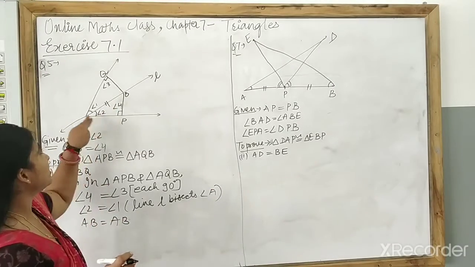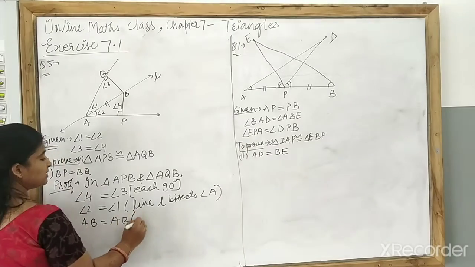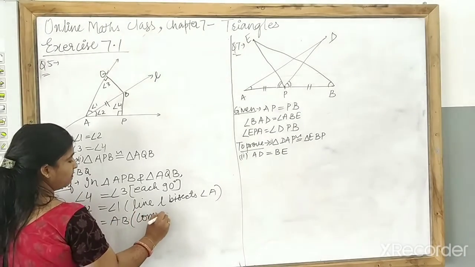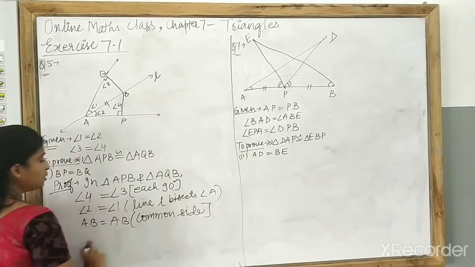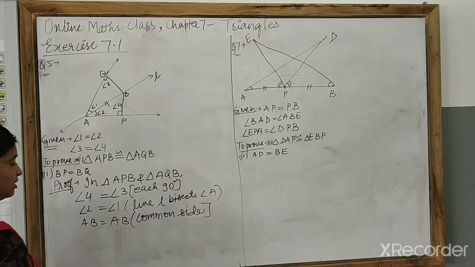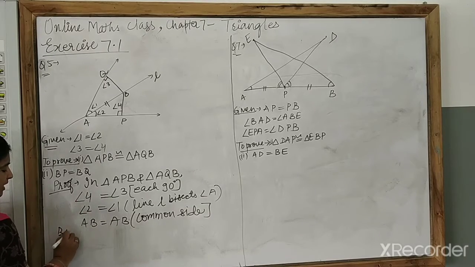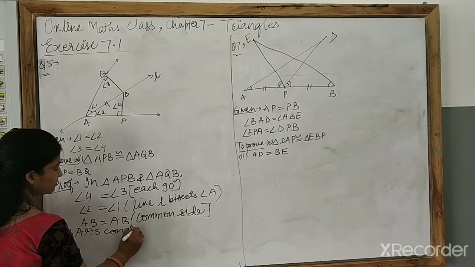Because this side is coming in this triangle as well as in this triangle, so it is the common side. So it is AAS. By AAS congruency criteria.